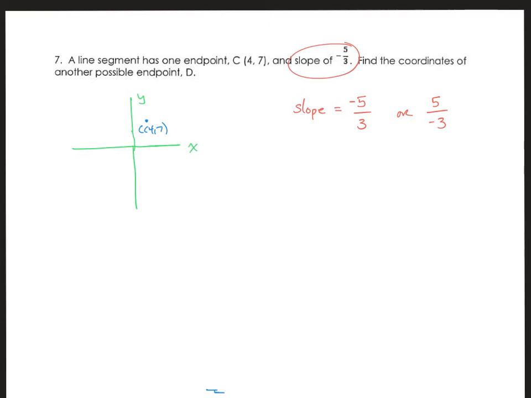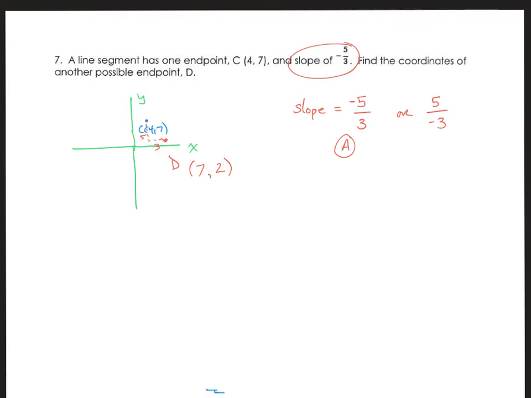So to go through and use a picture to go and solve that problem, then maybe what I do is I think of my first option. That I'm thinking, okay, I'm going to go through and move down 5 units and to the right 3. That's going to arrive at a certain point D, and I could find those coordinates by going down 5 from 7, so I have a y value of 2, and to the right 3 of 4, and therefore 7.